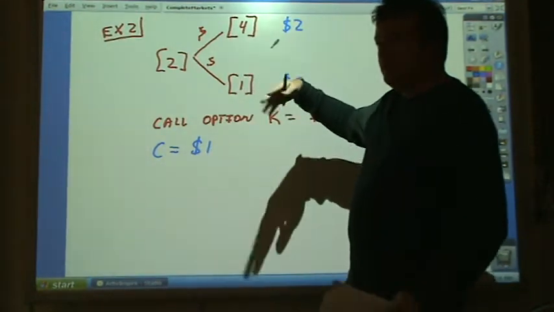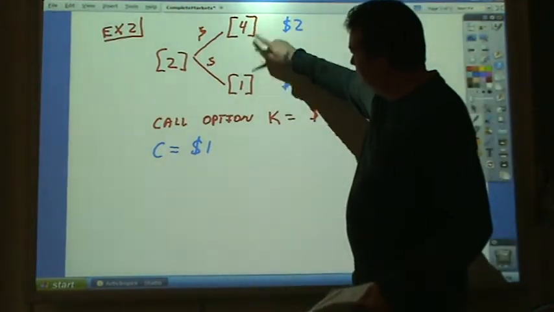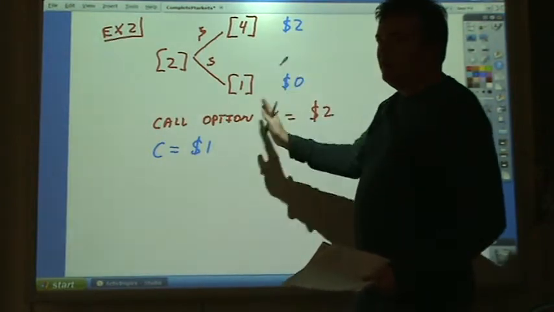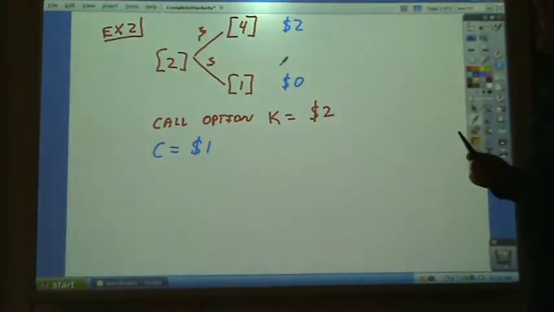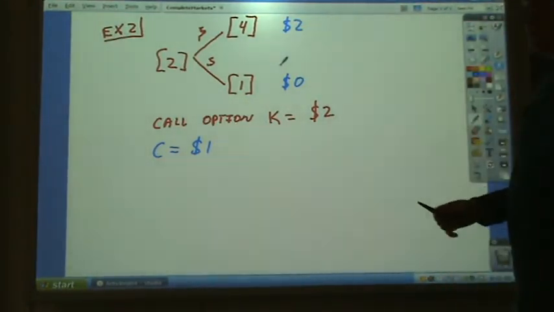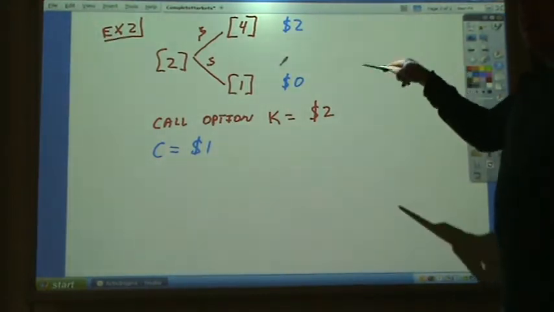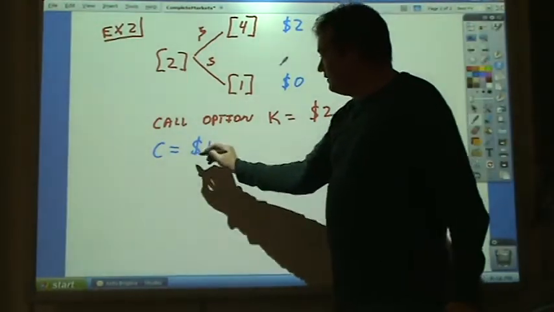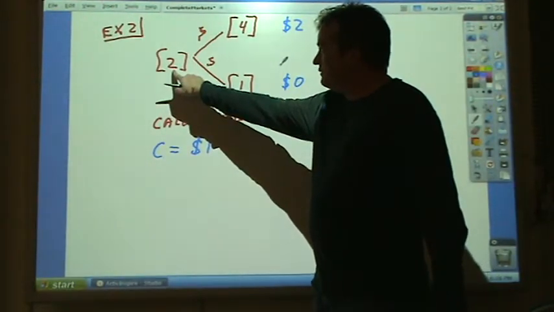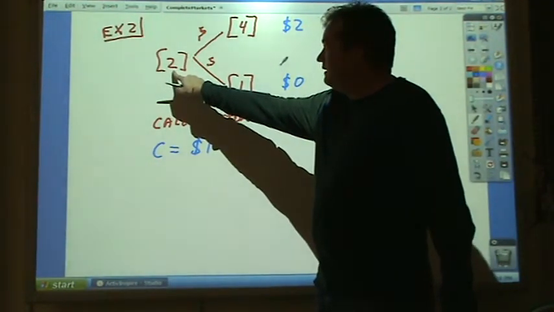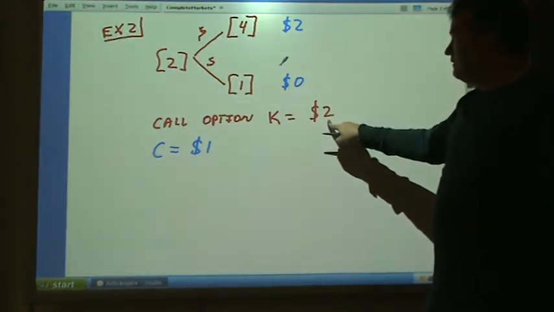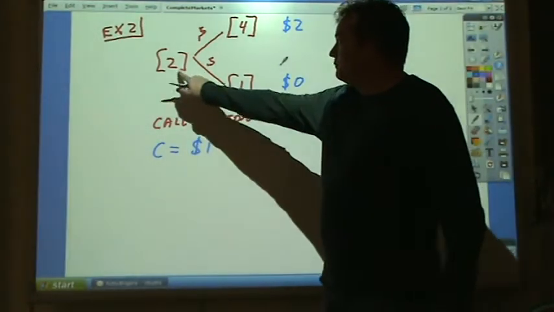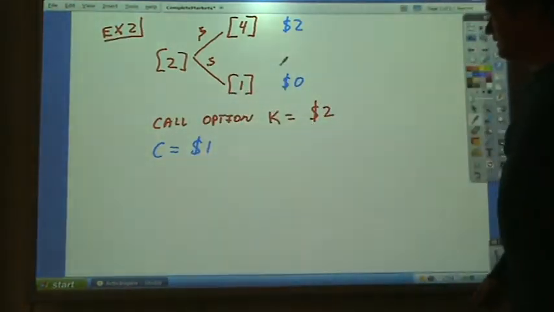The expected return if you bought the stock would be the average of these two numbers, which would be $2.50. And with no interest, you'd be better off buying the stock. If you're a risk-neutral minded person, you'd be better off buying the stock than buying the option. Well, if the option is priced fairly, the stock almost seems like it's not priced fairly. This should almost be $2.50. And then the option with a strike price of $2 would still be $1. But yeah, the more fair price here, since there's no interest, would be $2.50.